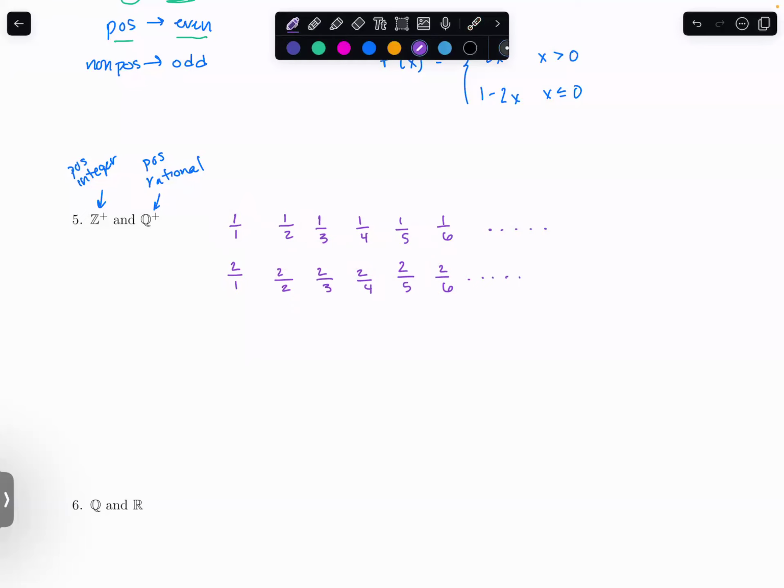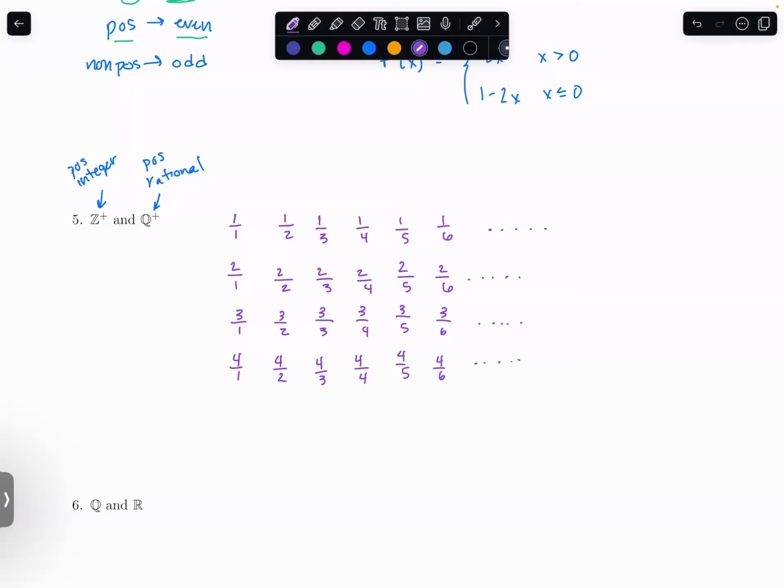I'm going to keep going, making 2 more rows. So 3/1, 3/2, 3/3, 3/4, 3/5, 3/6, etc. And then 4/1, 4/2, 4/3, 4/4, 4/5, 4/6.